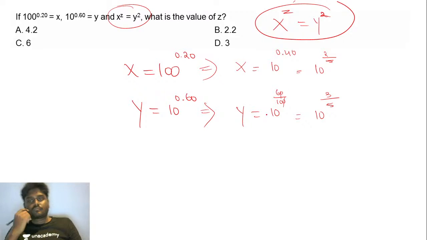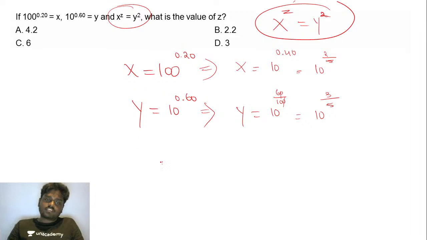Right? And they've said x power z is equal to y square. So carefully, the value of x you know, that is 10 power 2/5, the whole power z is equal to y square. Y square means you'll be getting 10 power 3/5, the whole power 2.